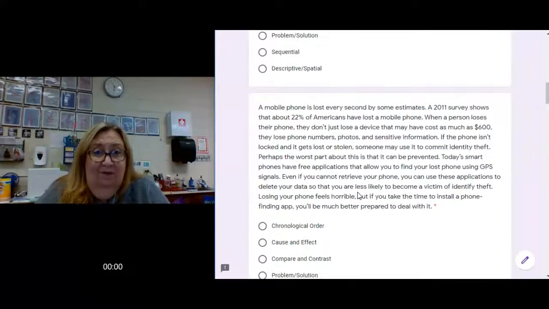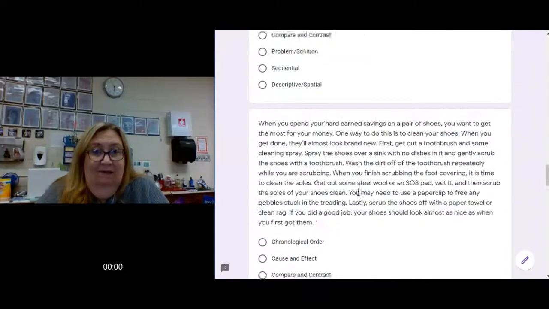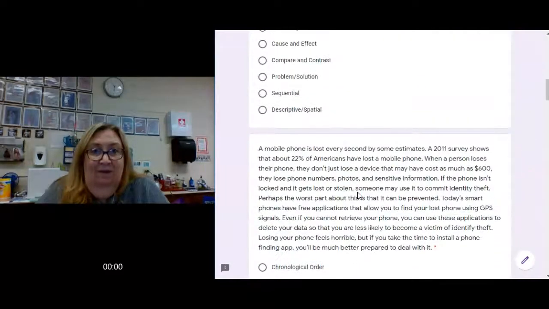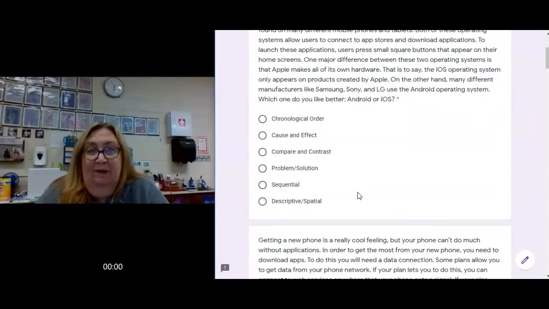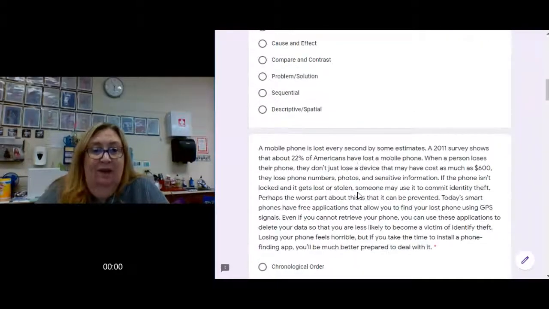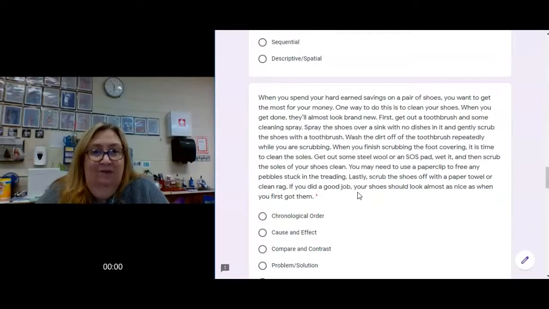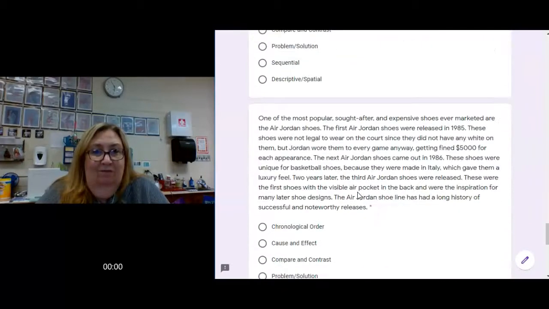So you have 1, 2, 3, 4, 5, 6. I think there's just 5. I think I counted. There was one about the next couple paragraphs are about shoes. No, there's 6 on phones, and then you have this one on shoes and shoes and shoes.